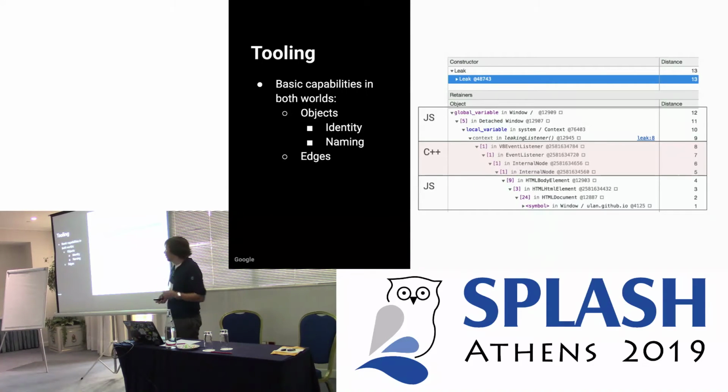And for those that are not important, we just give them a name that's called internal node. That's what you see here. For our users, who are web developers in this case, it should not really matter where these objects live, because they're mostly interested in the retaining path, and there is usually interesting stuff on the top and on the bottom, which they can influence.